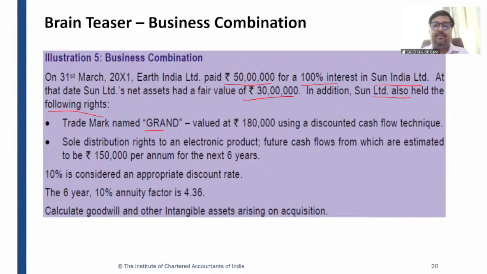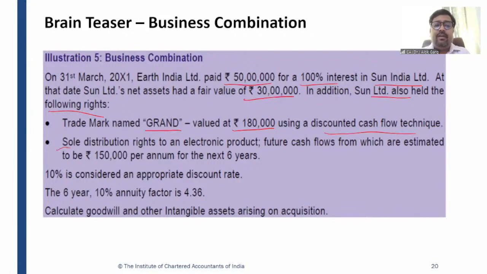There is a trademark, and the name of the trademark is Grand, valued at rupees 1,80,000 using a discounted cash flow technique. Of course, you have to get the valuation done for these intangible assets. So the trademark Grand was valued at 1,80,000 rupees using the DCF method.